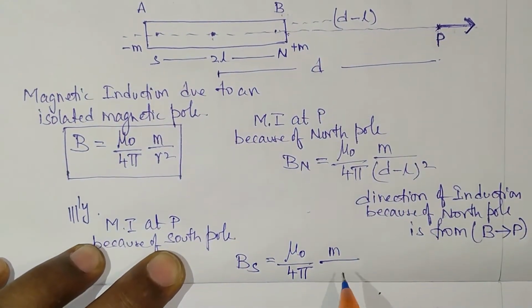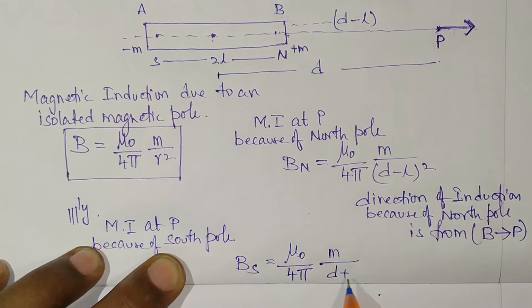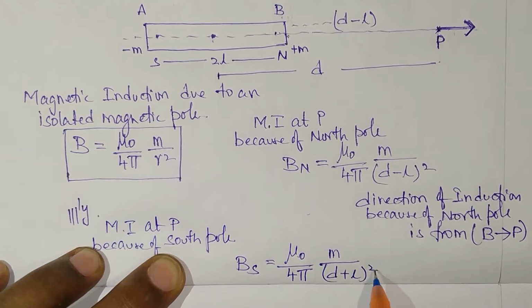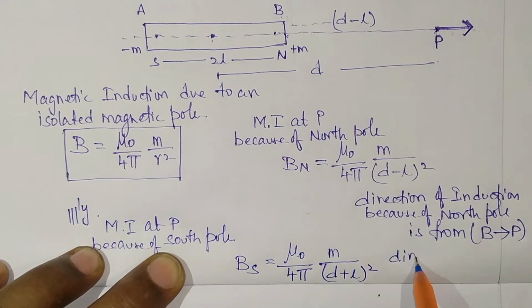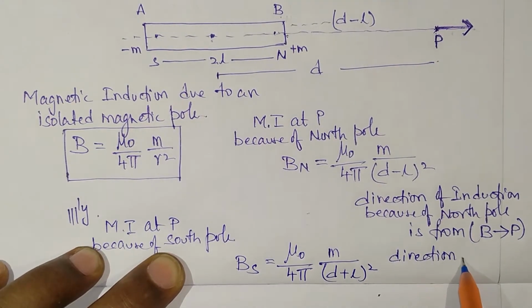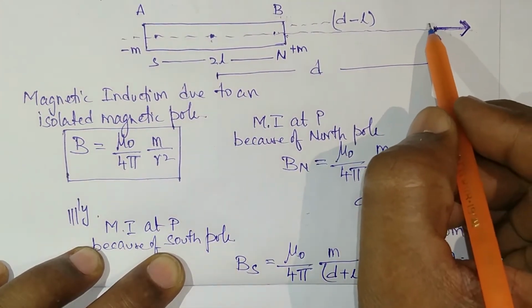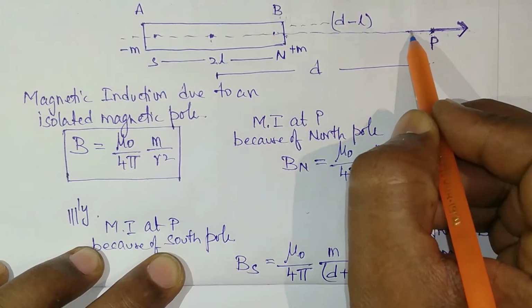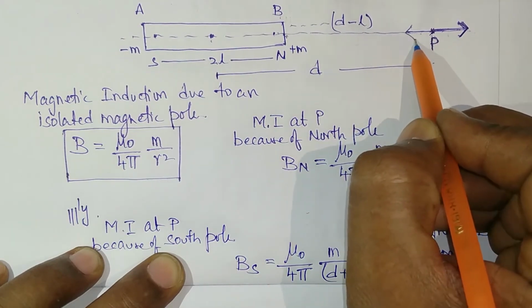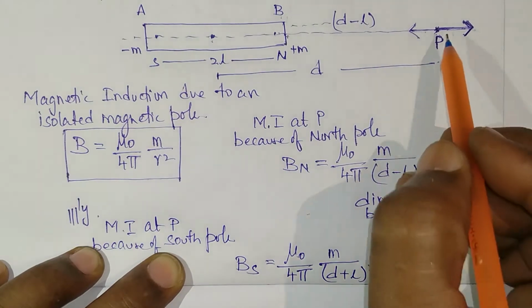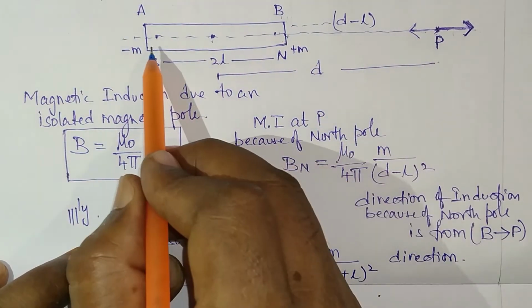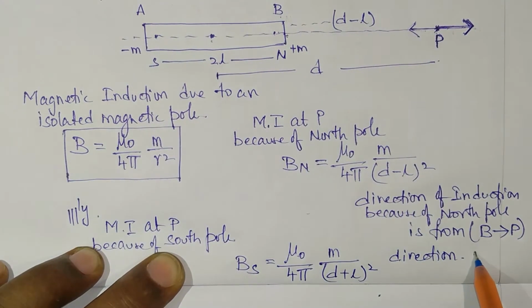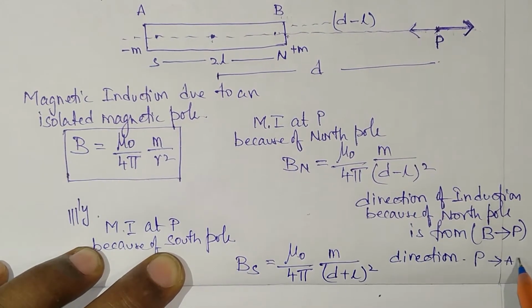It is d plus L. Therefore I will write d plus L whole square. Practically we saw that the direction of induction due to this south pole is from P to A.